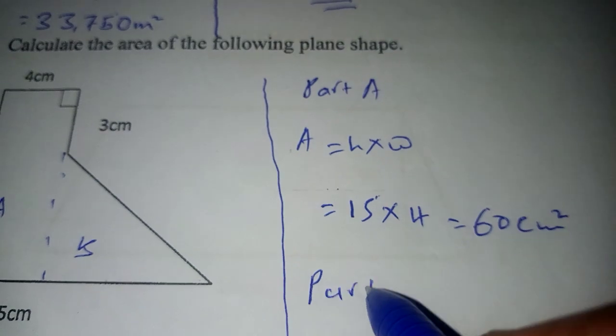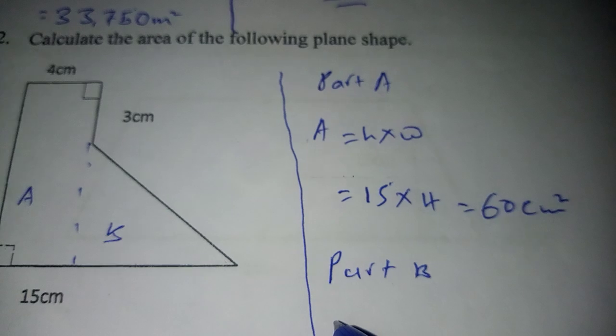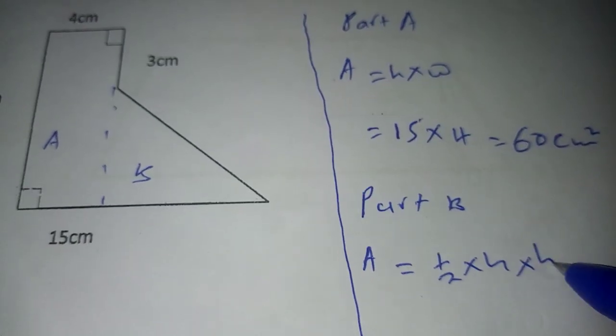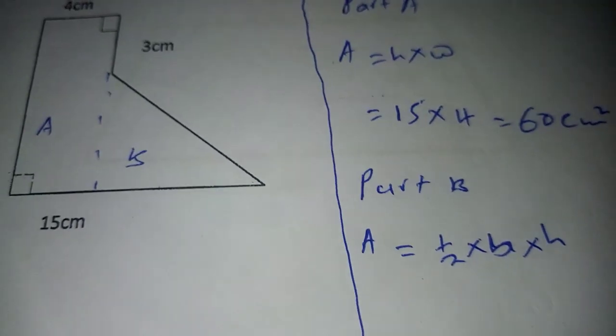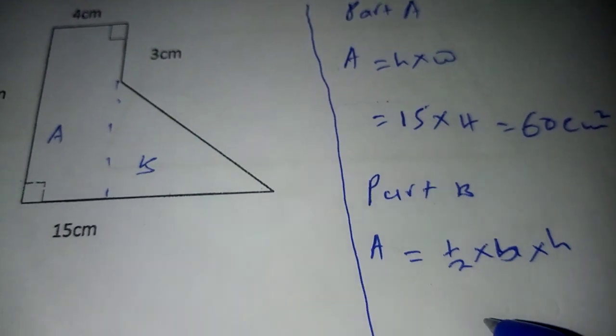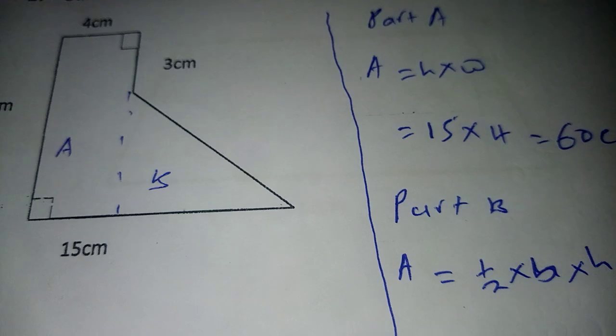But B, we know that is a triangle, so area equals a half times base times height. So the height here is 15 minus 3, that is 12.